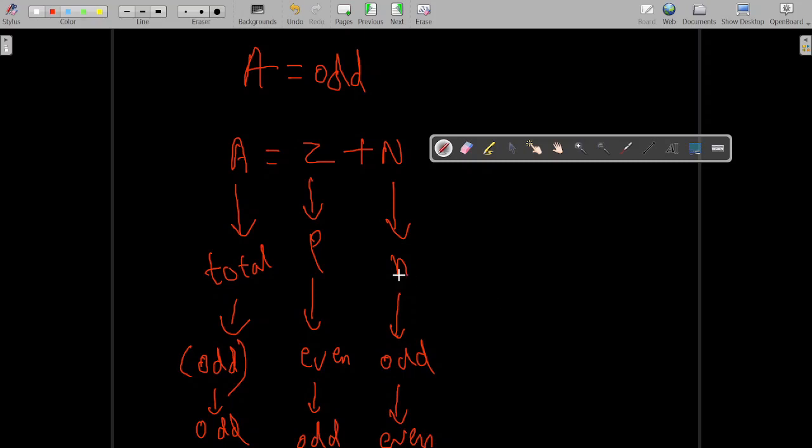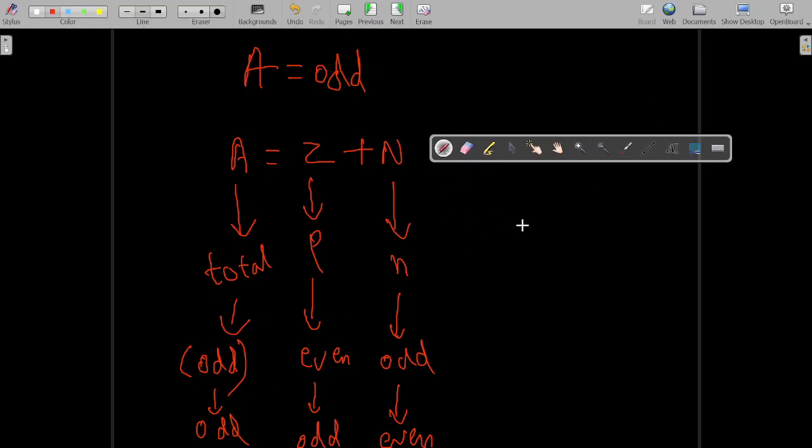Suppose the number of protons is also odd and the number of neutrons is also odd, then obviously A will be even, because odd plus odd is even. That case we are not going to discuss. So clearly A equal to odd has two possible cases.